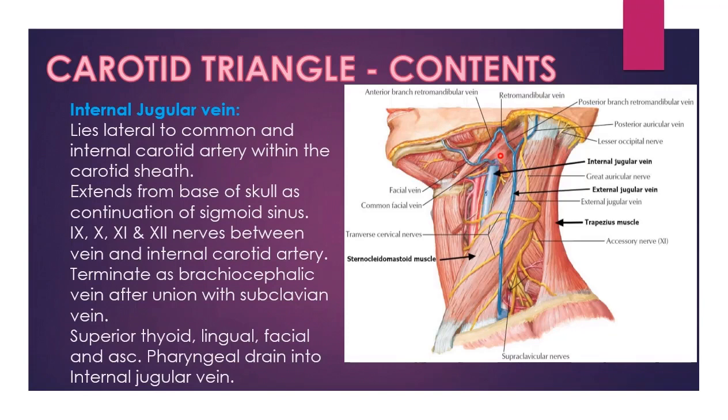It extends from the base of the skull as a continuation of the sigmoid sinus and terminates as the brachiocephalic vein after uniting with the subclavian vein. The tributaries it receives in the neck mainly are the lingual vein, common facial vein, pharyngeal vein and superior thyroid vein. So these are the veins.